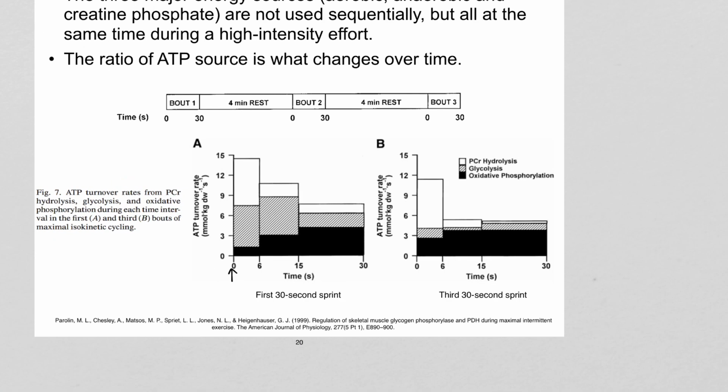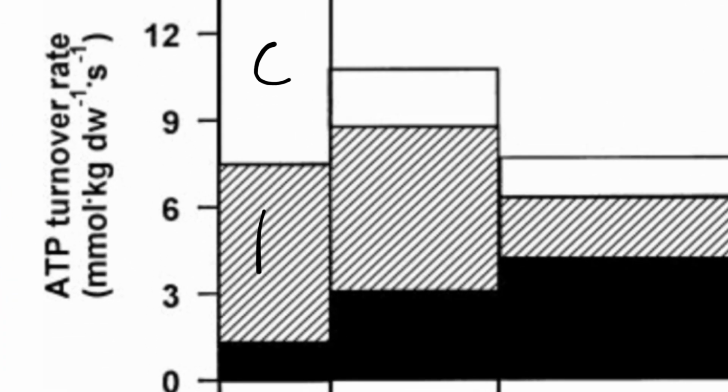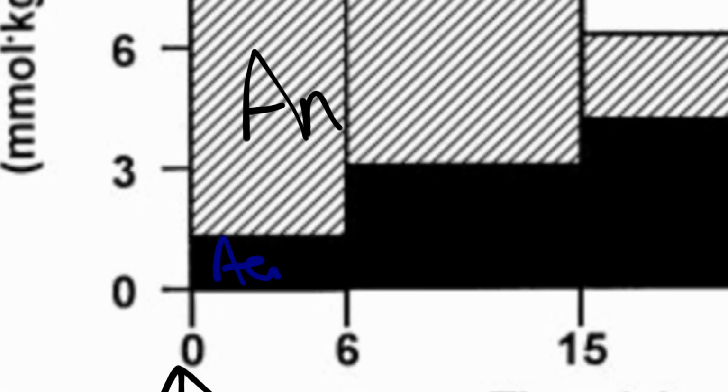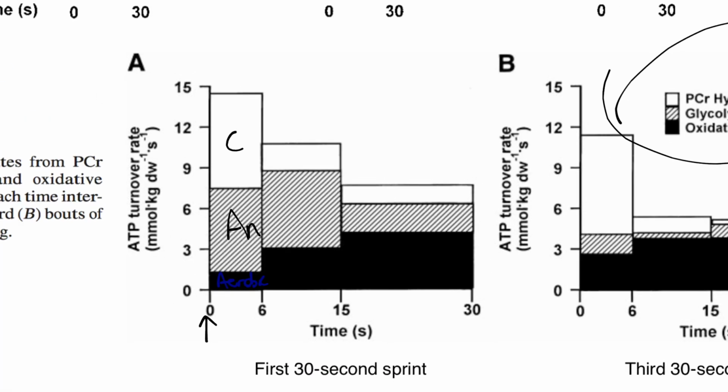If you look at the key up here, what it's showing you is the white bars are creatine, the slashed bars are anaerobic respiration, and the black bars are aerobic respiration. And the thing that I really want to point out is it's tempting to think that these are sequential, meaning a lot of people have the idea that muscles start out aerobically and then become anaerobic only when you run out of oxygen.